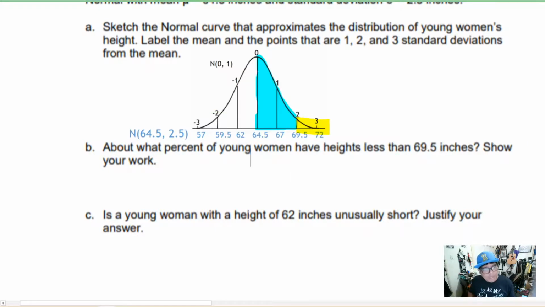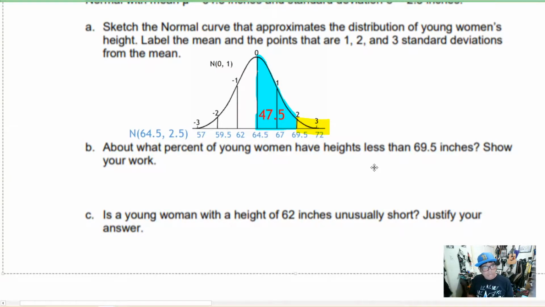Well, here we've got the blue plus the yellow is equal to 50% of the curve. And from the 68-95-99.7 rule, we know that the area between 0 and 2 standard deviations is half of 95, so 47.5, which leaves 2.5% of the area for the yellow if the blue and the yellow have to add up to 50%.